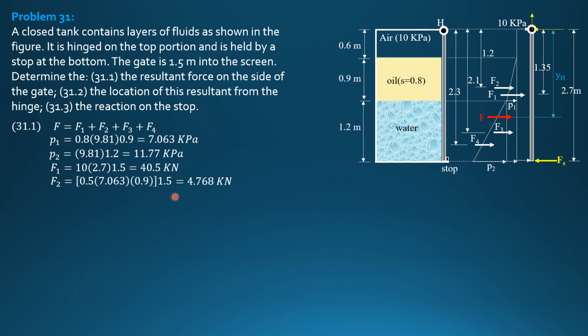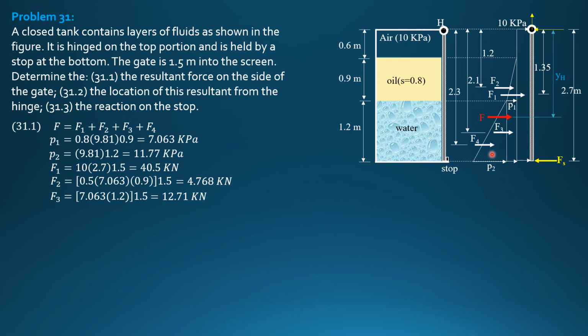So F2 is 4.768 kilonewtons. F3, represented by this rectangular pressure diagram, is P1, 7.063, times height 1.2, times perpendicular to the board, 1.5. So F3 is 12.71 kilonewtons.